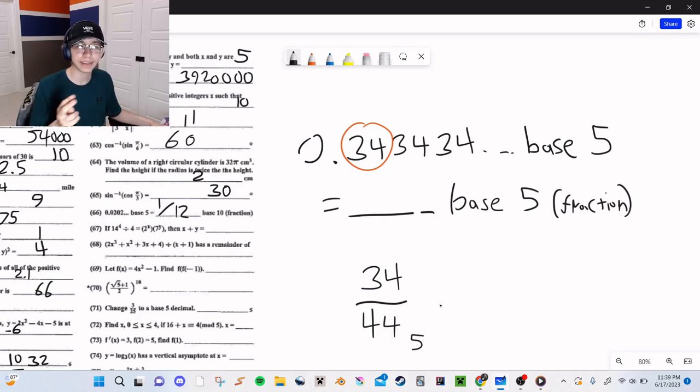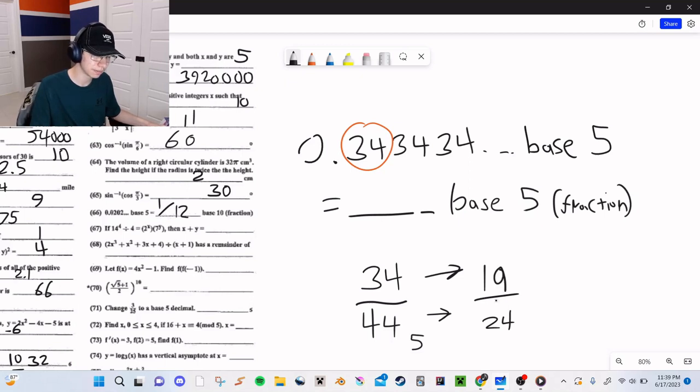So we need to check if we can simplify first by changing this fraction to base 10. And if we do that, I get 24 here on the bottom. And on the top, I get 19. We see that it doesn't simplify.